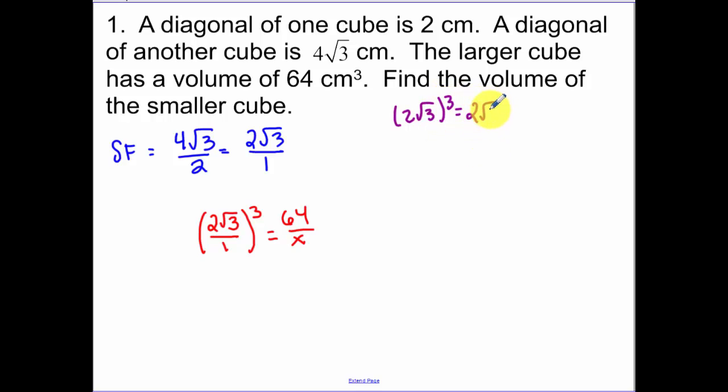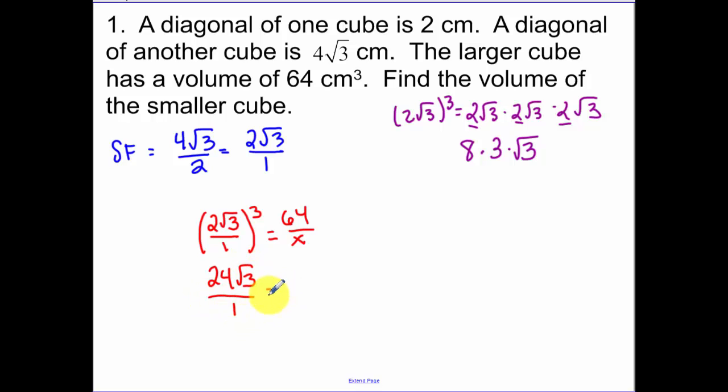Well, that's 2√3 times 2√3 times 2√3. So I have 2 times 2 times 2, that's going to be 8. I have root 3 times root 3, that's 3, times another root 3. So our total is 24√3 over 1, which is equal to 64 over x. Cross multiply.